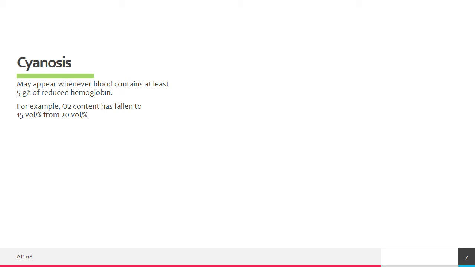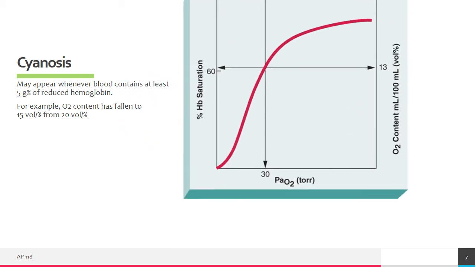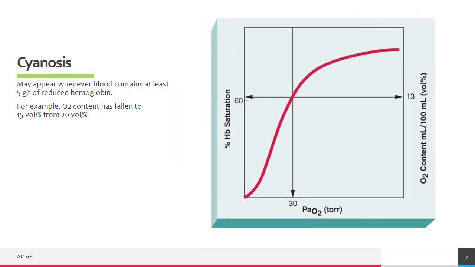In a patient with cyanosis, with 1/3 of the hemoglobin reduced, the PaO2 will be about 30 millimeters of mercury, and there will be only about 13 milliliters per deciliter of oxygen in the blood. You can see that pictured here. Overall, the hemoglobin is still about 60% saturated, even in cyanosis.